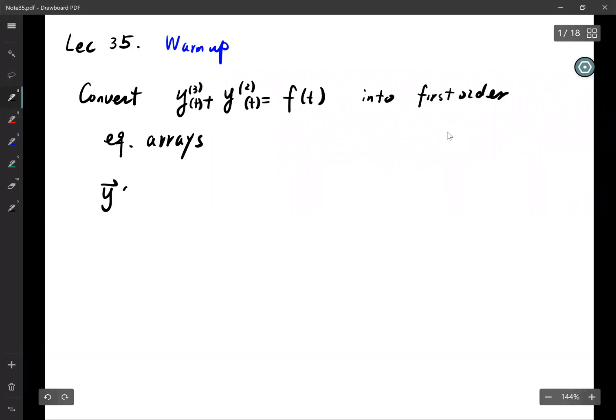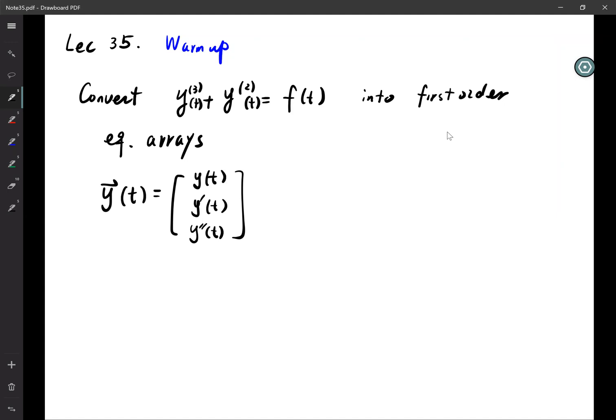We define a new vector called y(t). This y(t) always looks like: first one is the scalar y(t). Then I take the derivative. I stop at one order less than the highest order here. So it's in R3. Now I just take the derivative, d/dt.